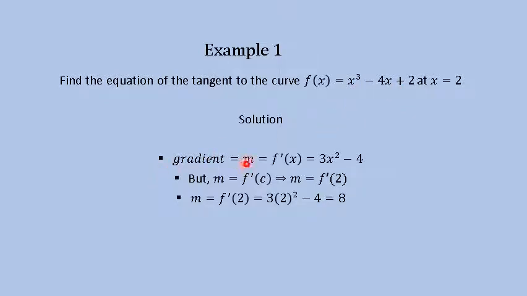Therefore, we are going to have m equals f prime of x equals 3x squared minus 4. When we differentiate the constant, we are going to get 0, so I didn't write that 0 here. But m equals f prime of c, and in this situation, our c is 2. Therefore, m equals f prime of 2 equals 3 into 2 squared minus 4, and the answer is 8.